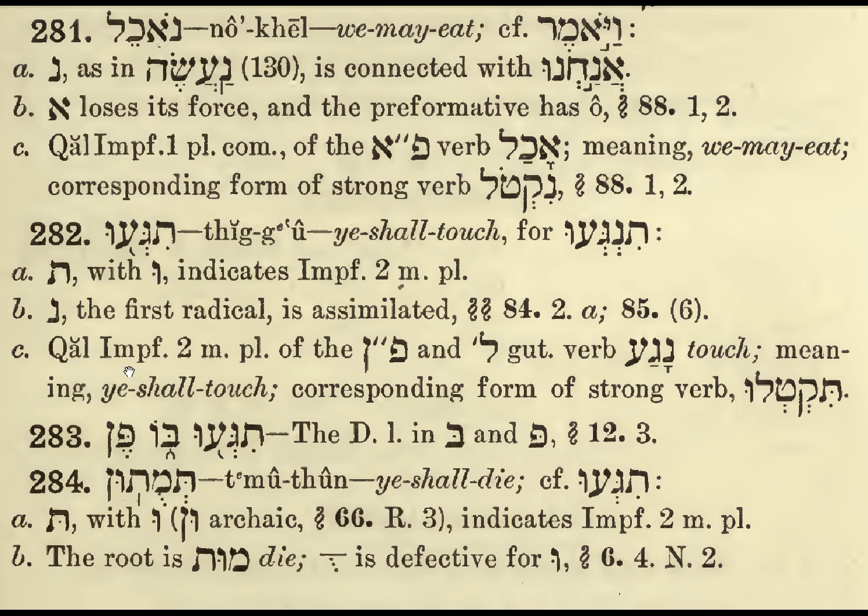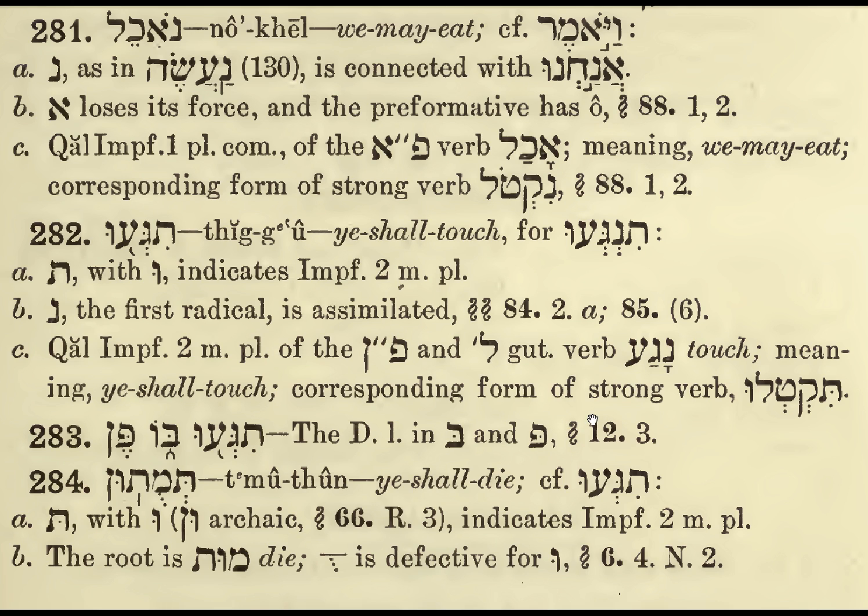So kal, imperfect, second person masculine plural. It's a pe nun verb, meaning the first letter is nun, and lamed guttural, because the last letter of pangal is replaced by a guttural here. Nagang, touch, meaning ye shall touch.